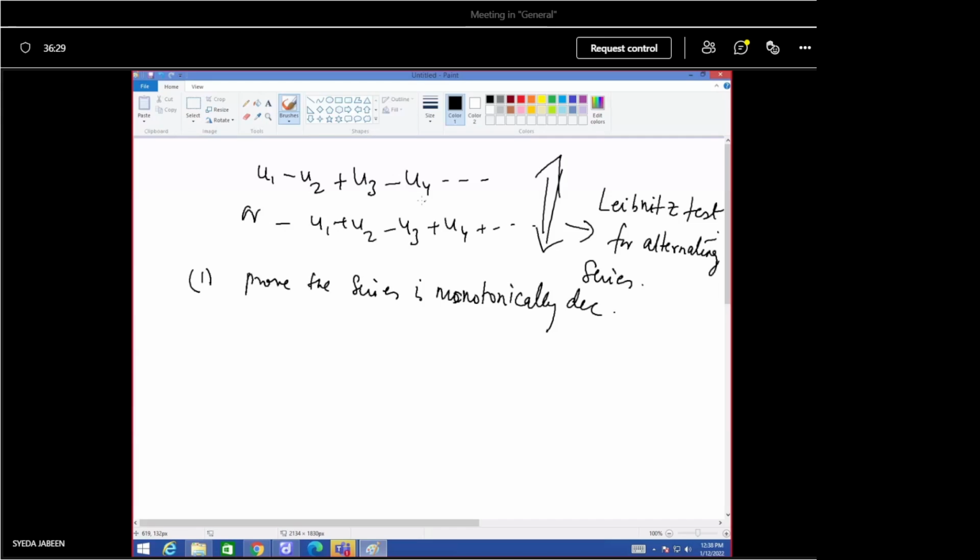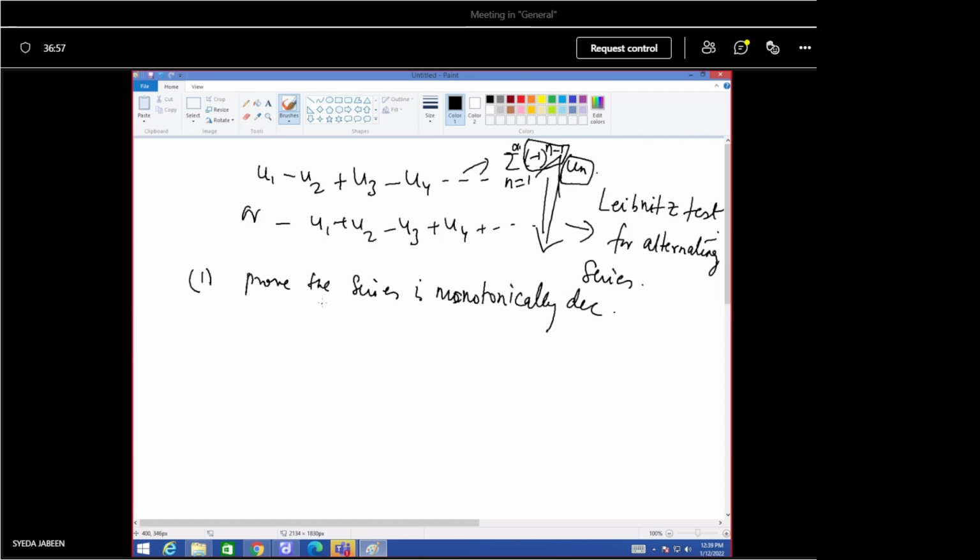This series can be written in general form as the summation from n equal to 1 to infinity of minus 1 to the power n minus 1, or n plus 1, that also works, times un. When you use this test, you don't consider this sign. You take only un and check whether it is decreasing or increasing.